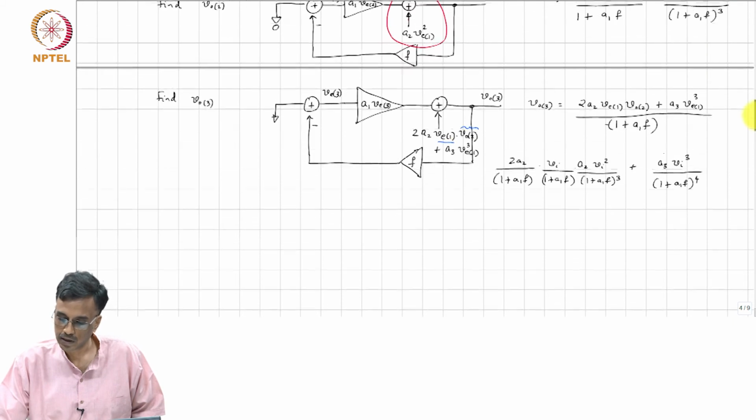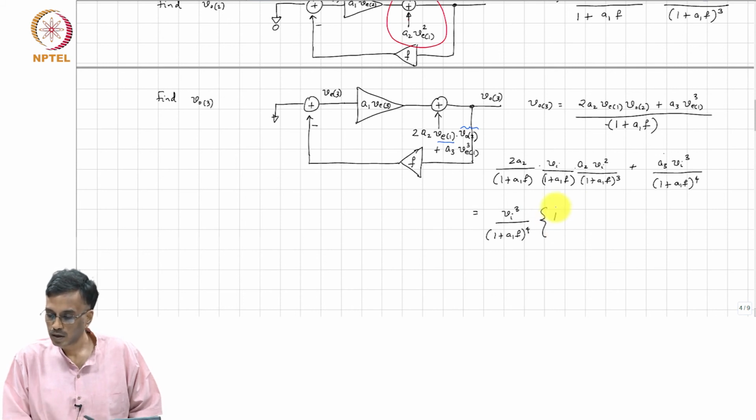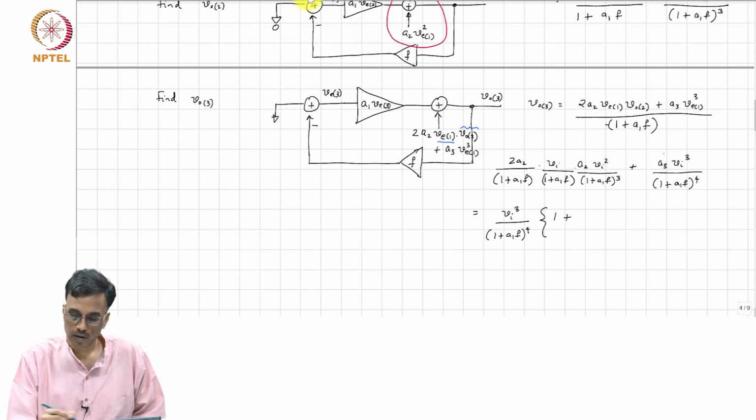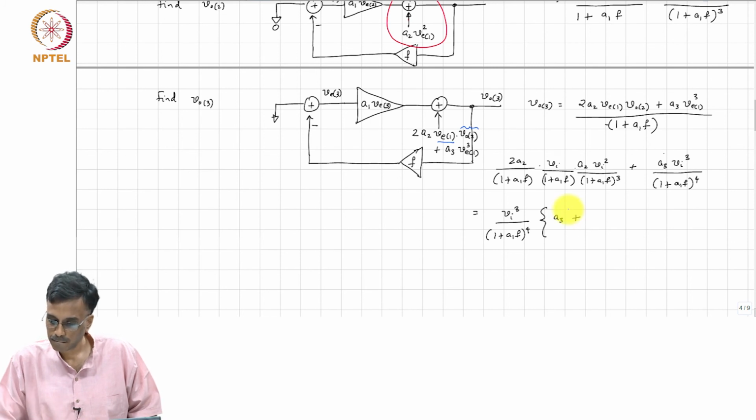Right. So, basically this is nothing but Vi cube by 1 plus A1F whole power 4 times 1 plus A3 plus 2A2 square by 1 plus A1F.